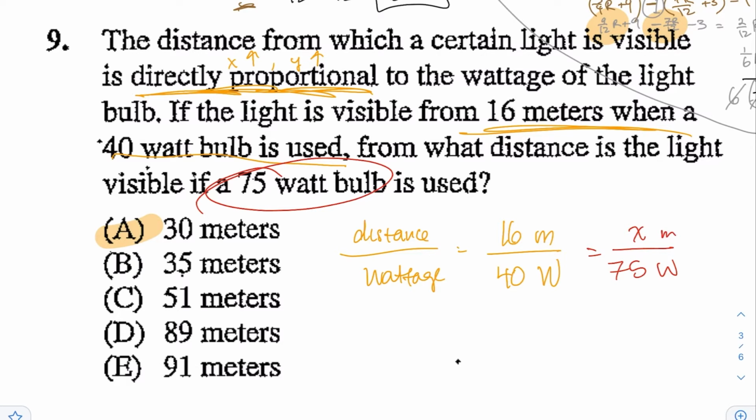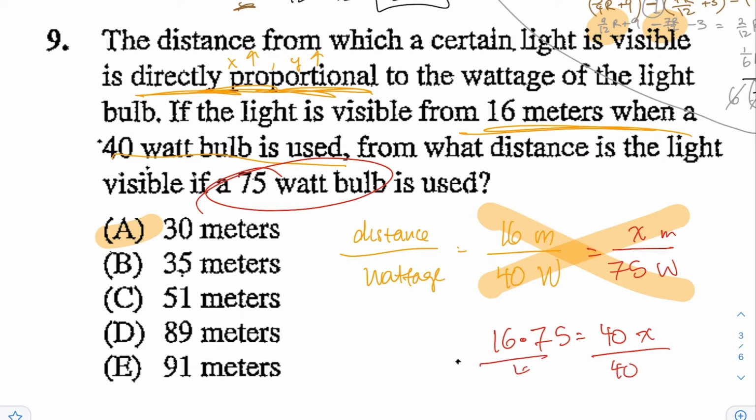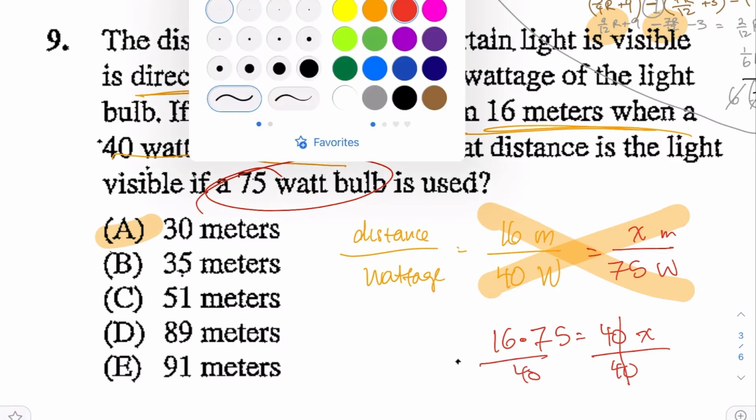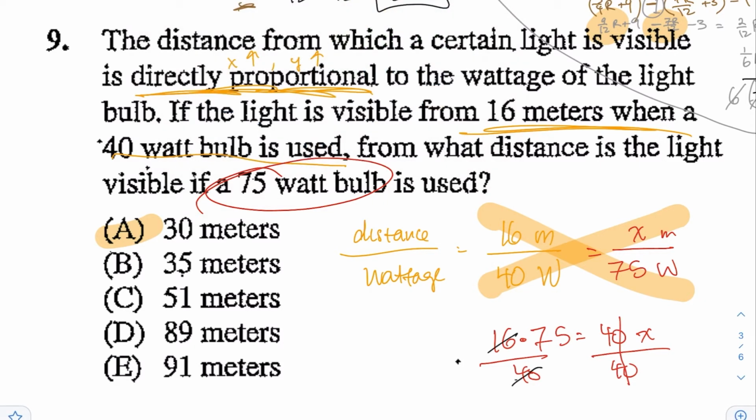So here you would cross multiply. And we cross multiply, have 60 times 75 equal to 40 times x. And you want to solve for x, so you want to divide by 40 on both sides. And when you do that, 60 and 40, you have a common factor of 20. And then 75 and 5, they have a common factor of 5.